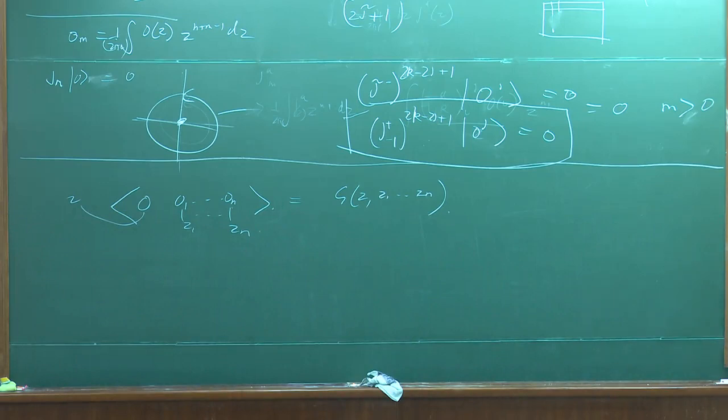O is a primary operator in the spin J representation and is the highest weight, the M equals J component. Okay, let's say that that's the case.